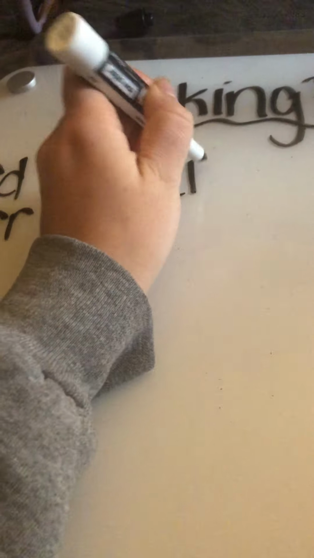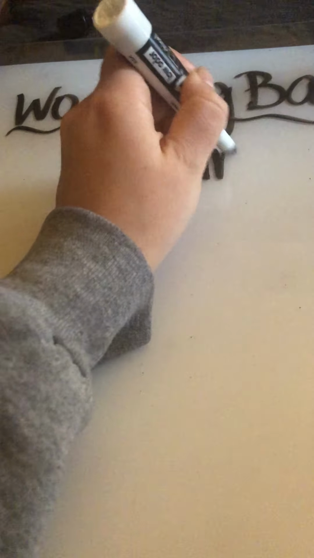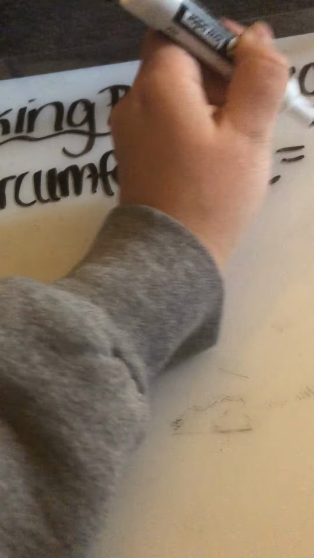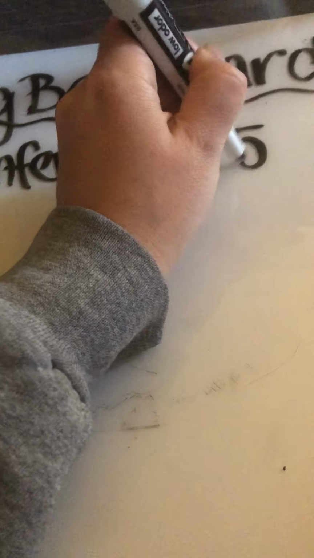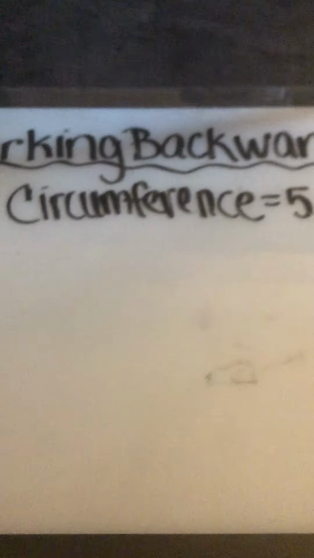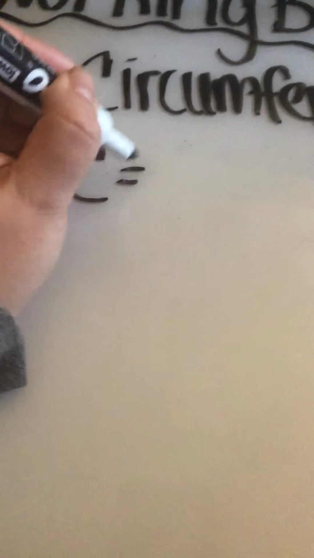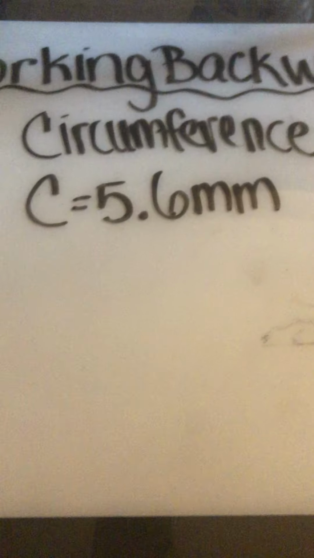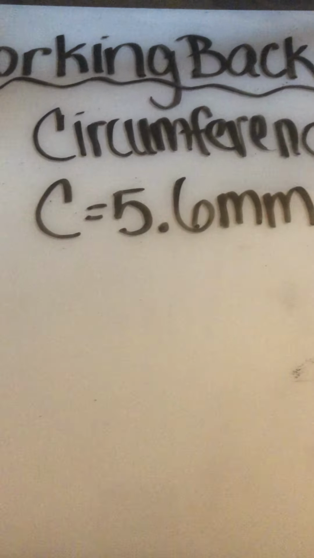So they're telling us that the circumference equals 5.6 millimeters. Okay, so I'm just going to rewrite that using C. So C equals 5.6 millimeters. So this is actually what the circumference is.